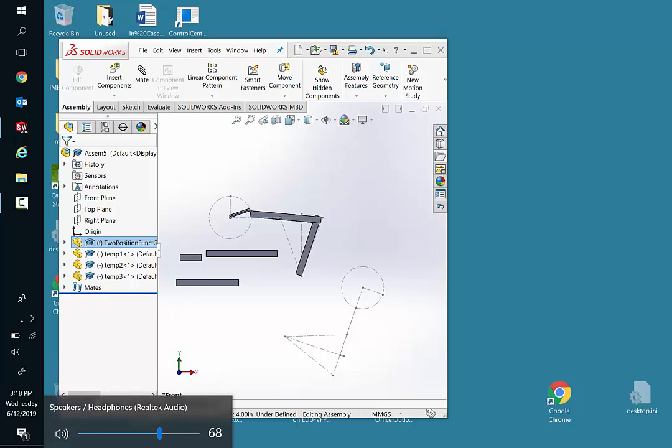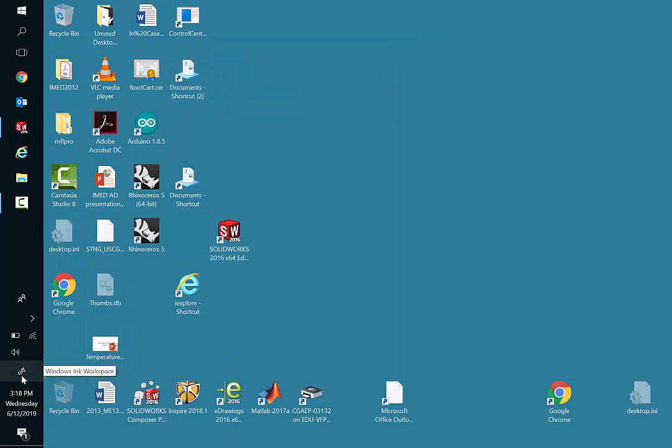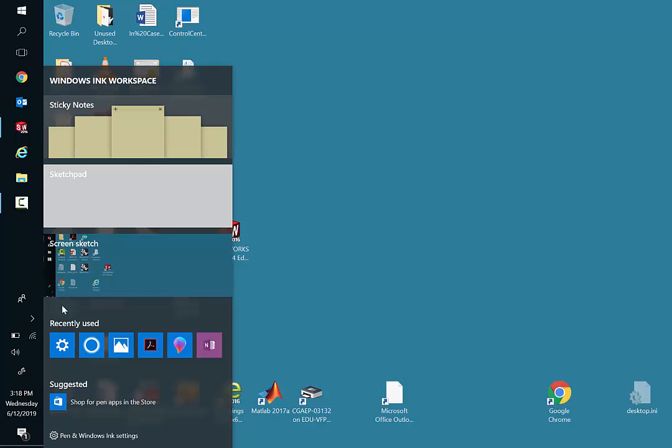Let's take a look at a case that might remind you of statics. Here we go. Got a blank sketchpad, and that beeping is me putting the keyboard in and out.